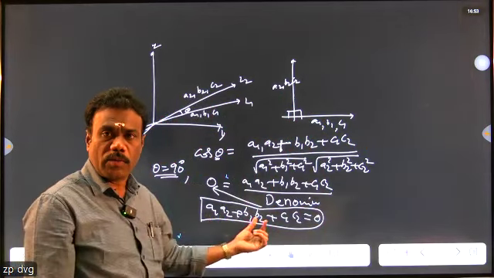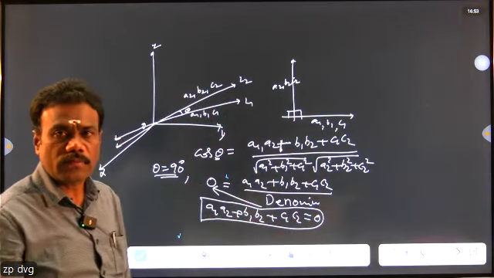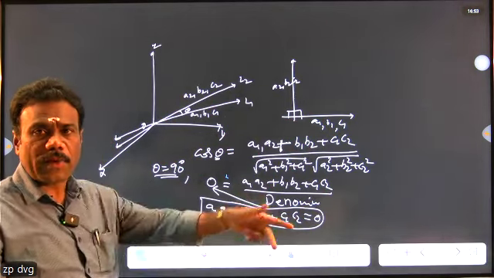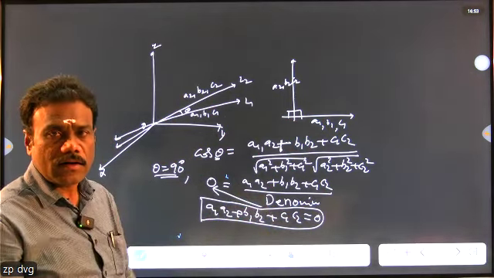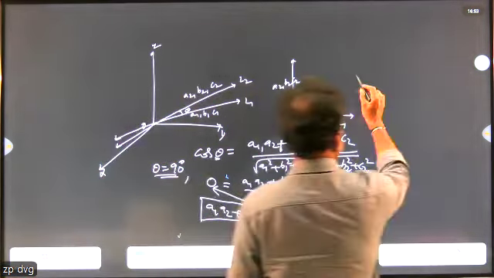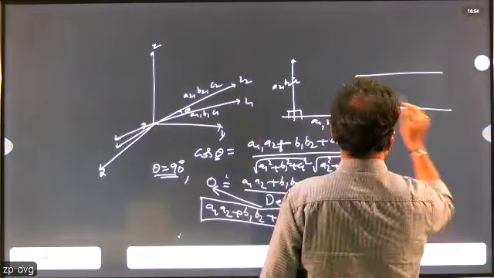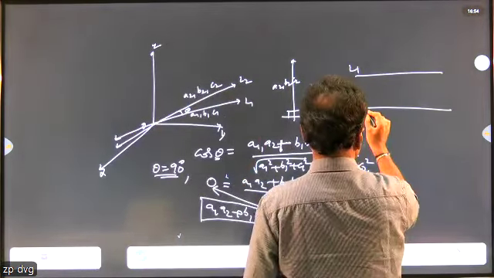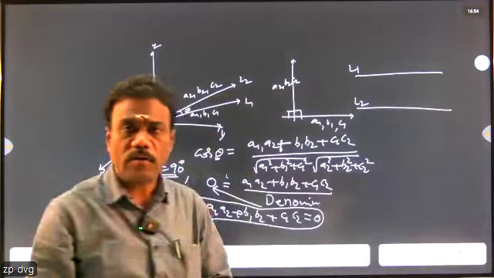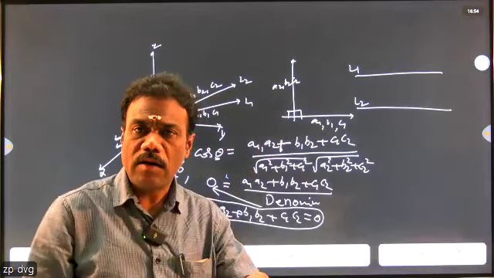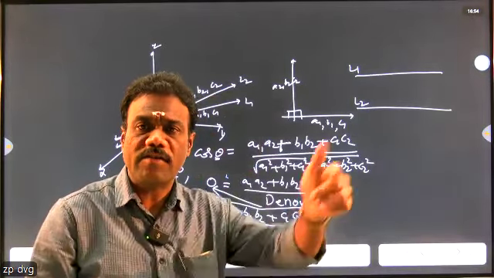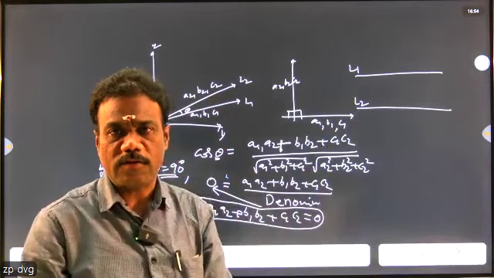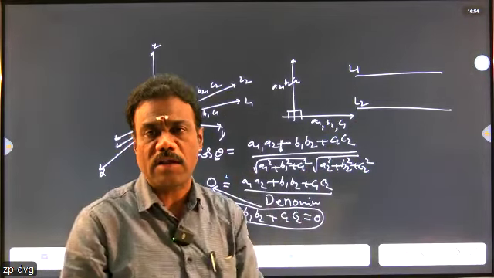A1 A2 plus B1 B2 plus C1 C2 equal to 0. When two lines are parallel, let us take them as L1 and L2. Already I told just now, for any line we have infinitely many sets of direction ratios.